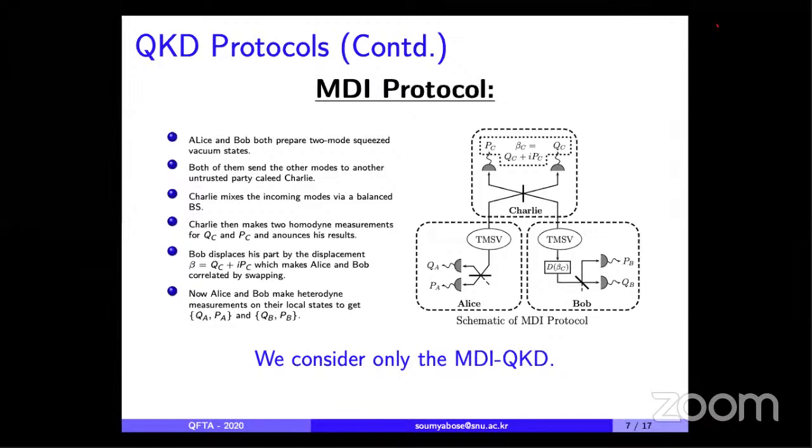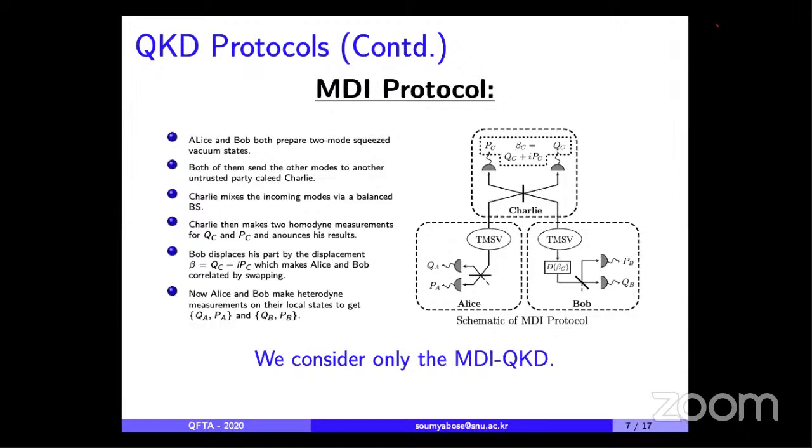Charlie can say random results, but that will certainly not make Alice and Bob correlated. So the first step is to check whether Alice and Bob are correlated. Once they are correlated, then we check for the extractable key and see whether that particular resource is useful. So that is a very practical approach of doing quantum key distribution, apart from the technical difficulties.